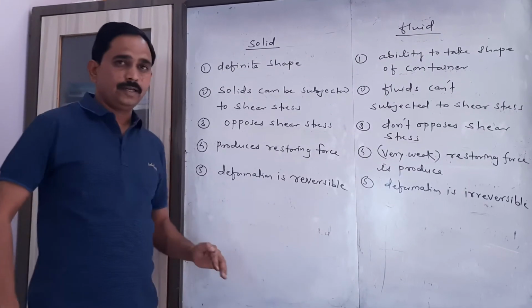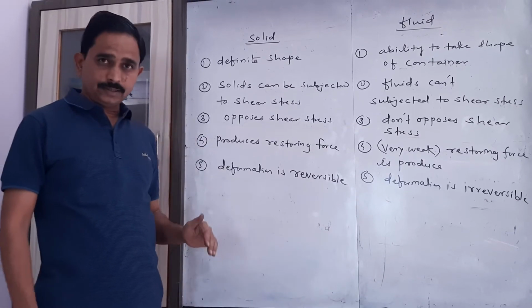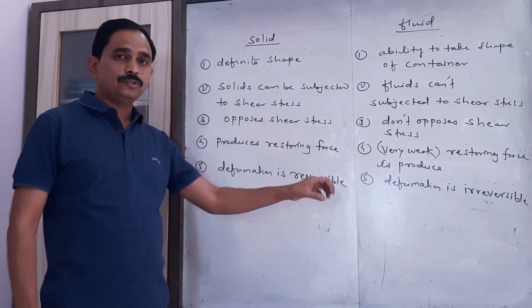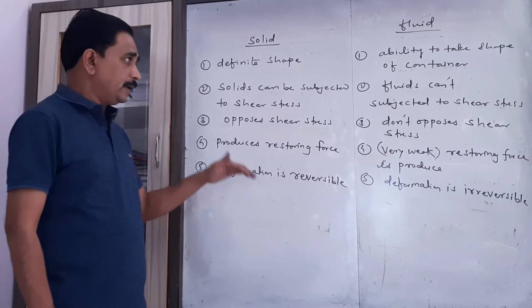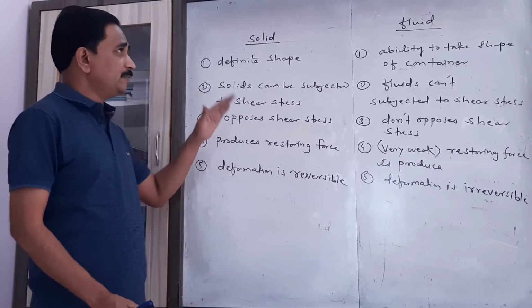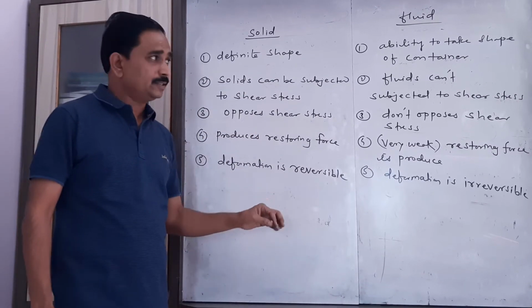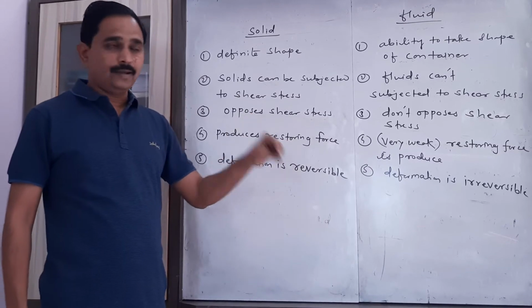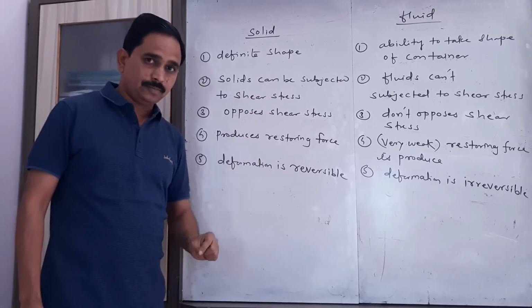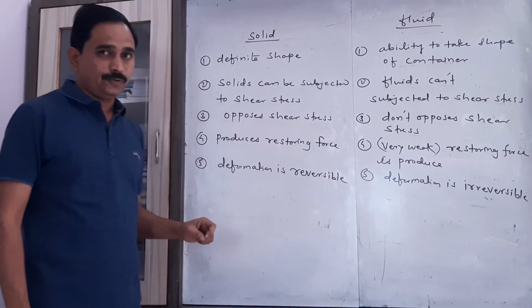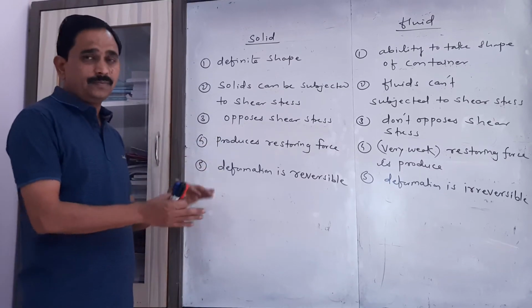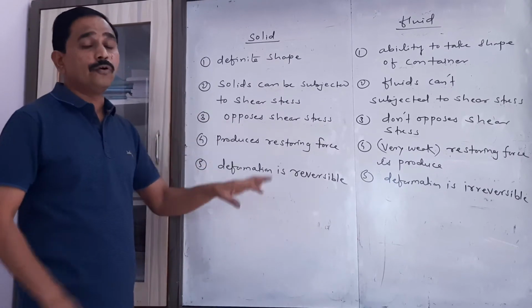Now after considering what we mean by fluids and the properties of the ideal fluid, we have to distinguish between solid and fluids. That is generally given in the introduction part of our textbook. So we can easily distinguish between solid and fluids.